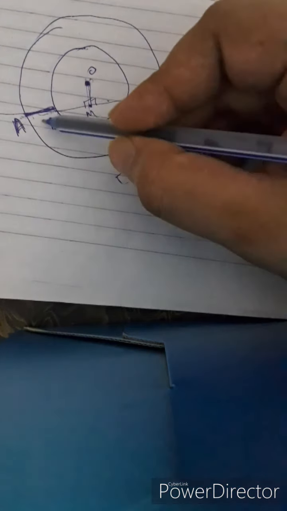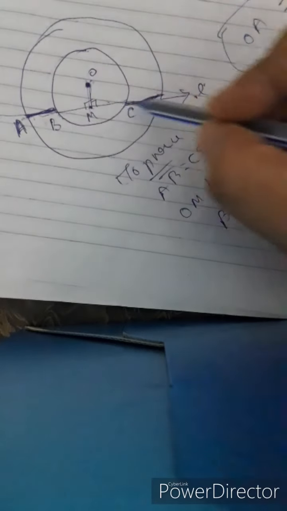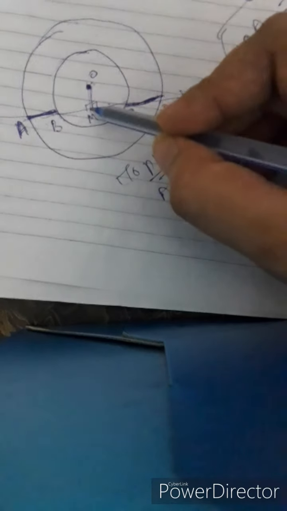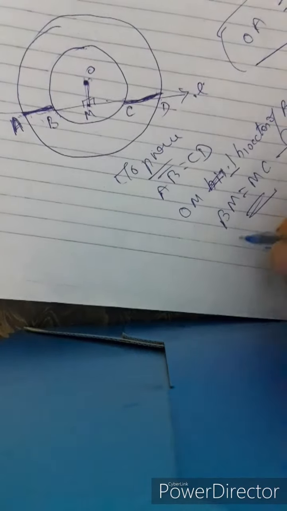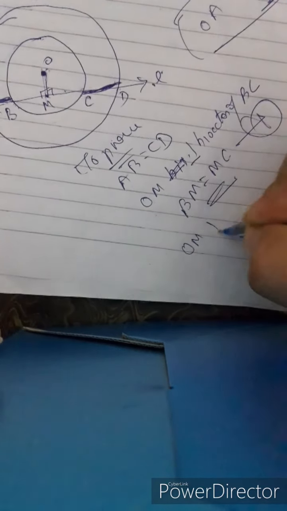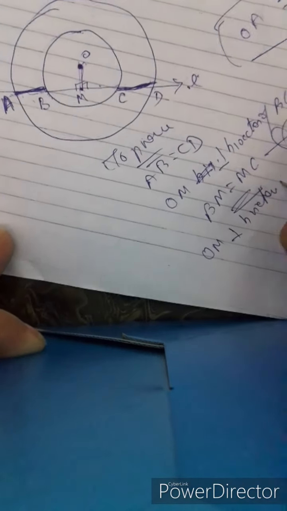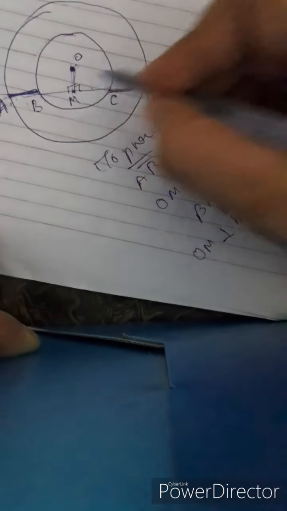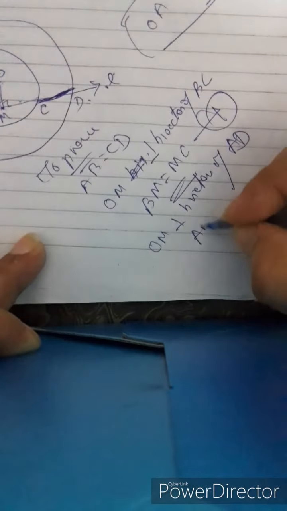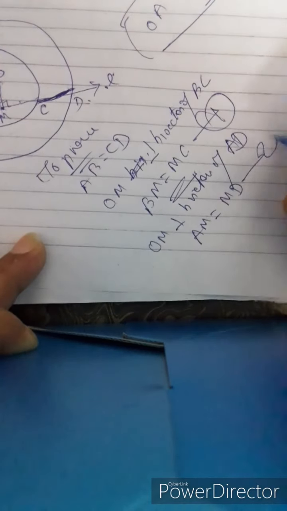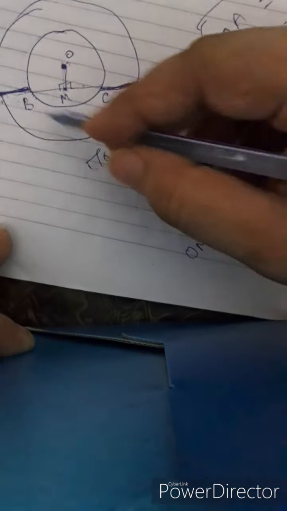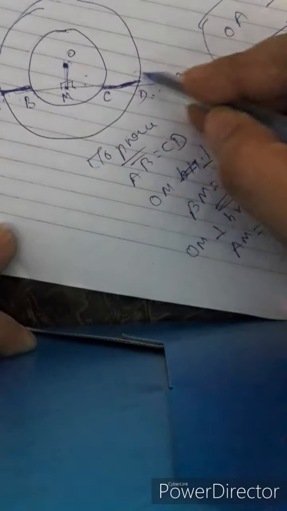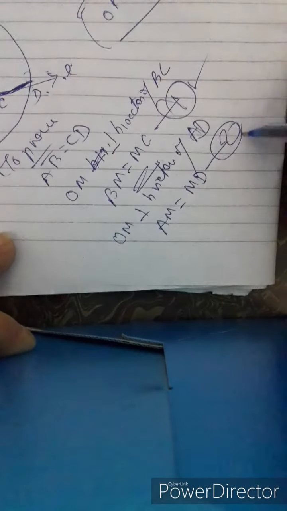So it divides it into two equal segments, that is AM equals MD. OM is the perpendicular bisector of AD also. So AM equals MD, and BM equals MC, giving us equations 1 and 2.